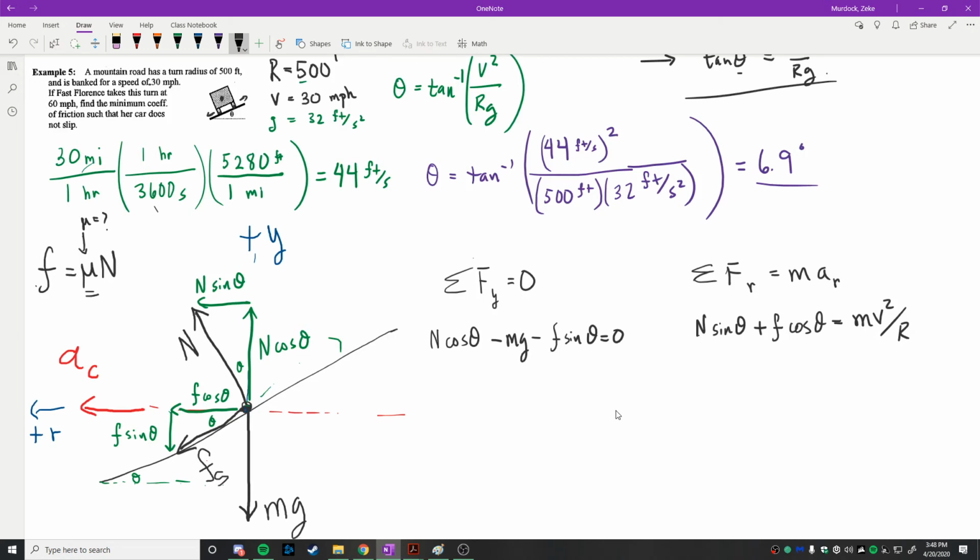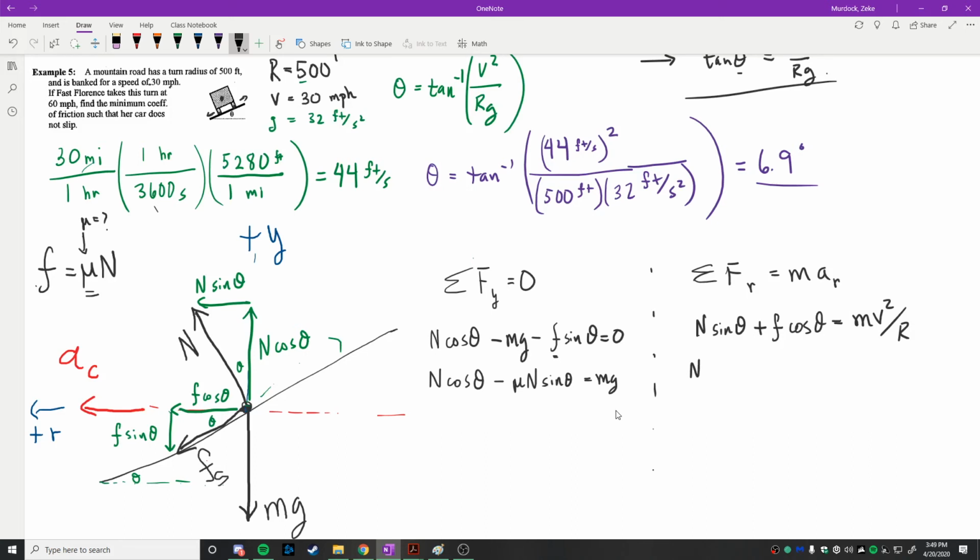So here's what I'm going to do. I'm going to say that we replace F here with mu times N. And then I'm going to move the mg to the right-hand side. We'll do the same thing with this equation over here.